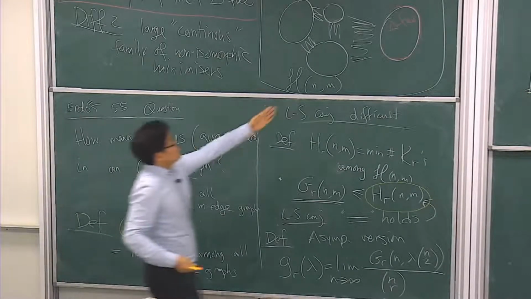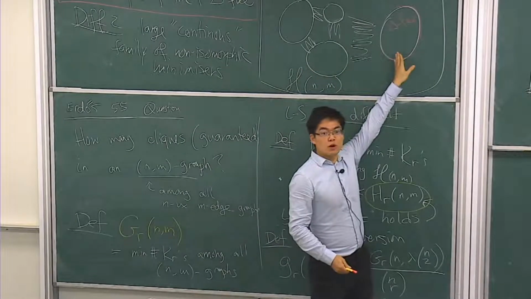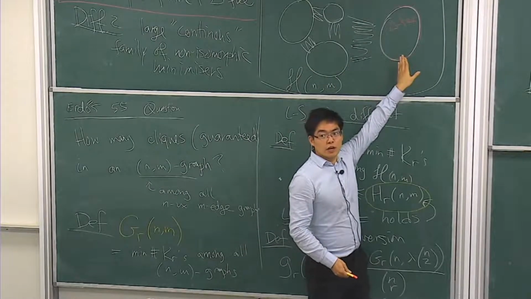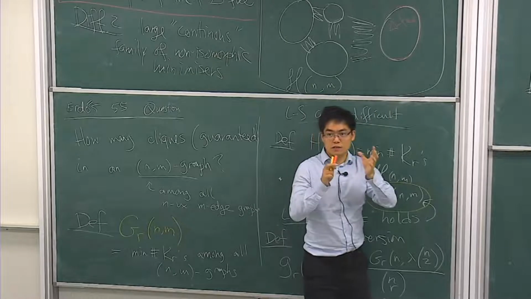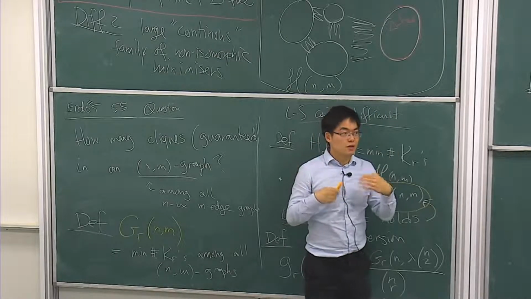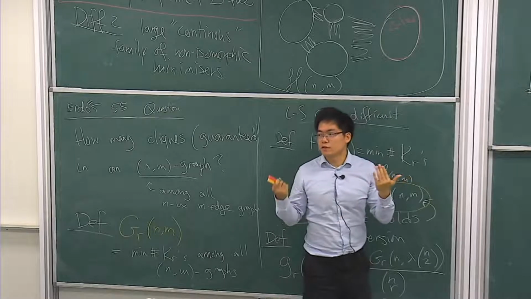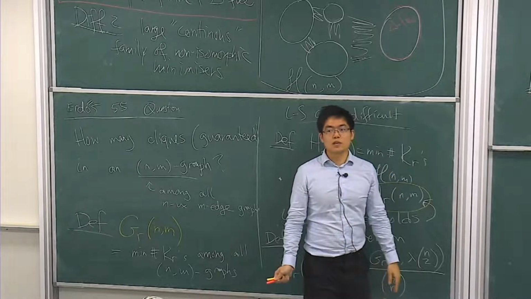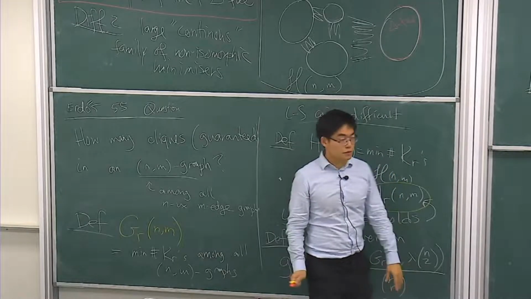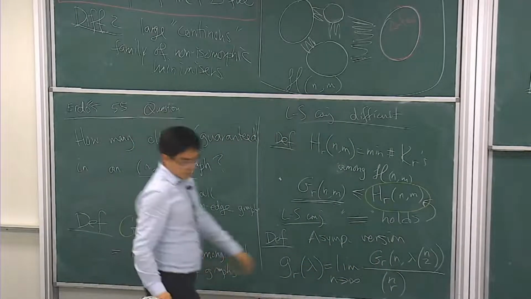What I mean is that here you can do whatever you want. You can change to any triangle-free graph you want, so you can change it continuously, and make them non-isomorphic. There are many different types, in some sense, of non-isomorphic minimizers.